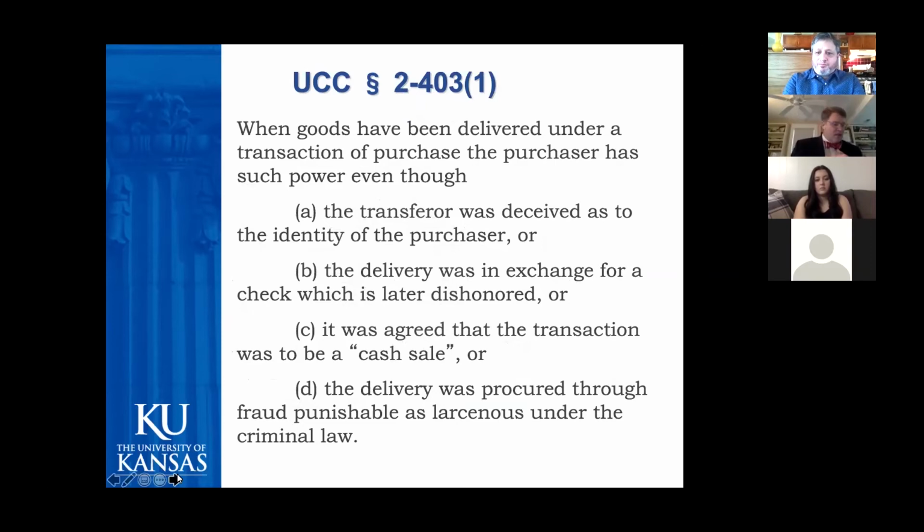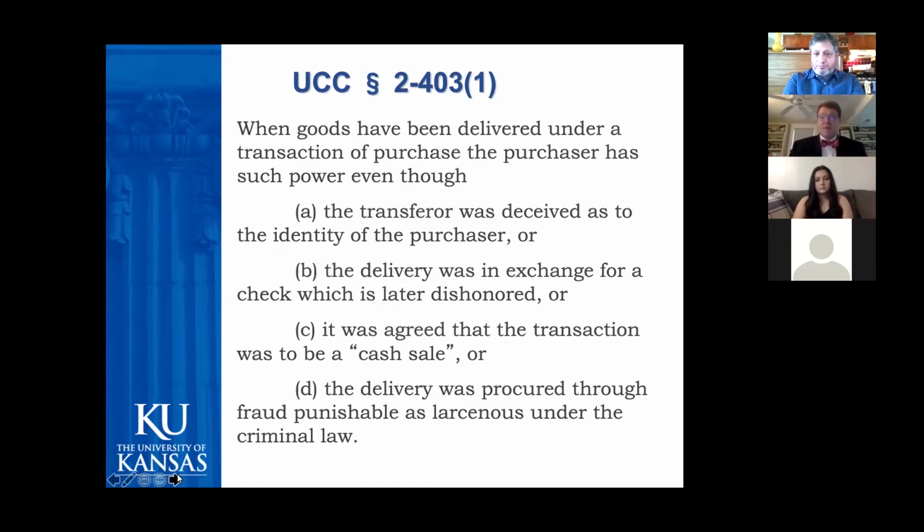And we would see that we get voidable title in some really unusual situations. Those would be situations in which the original good, in this case the diamond, was transferred under a transaction of purchase, which means a voluntary transfer. And that voluntary transfer was coupled with one of these four different, what I call statutorily approved swindles, right?